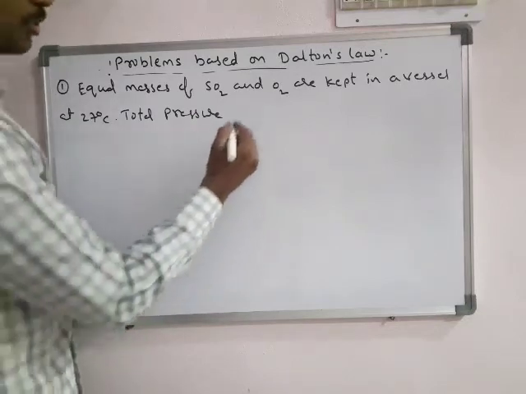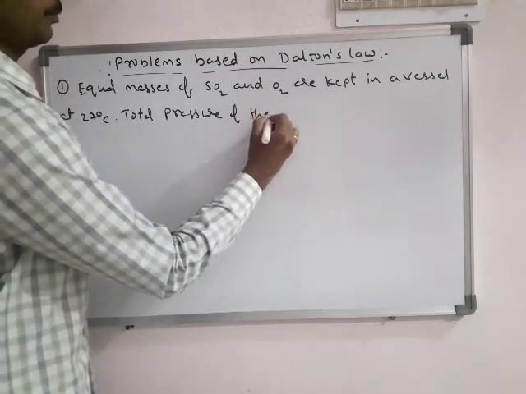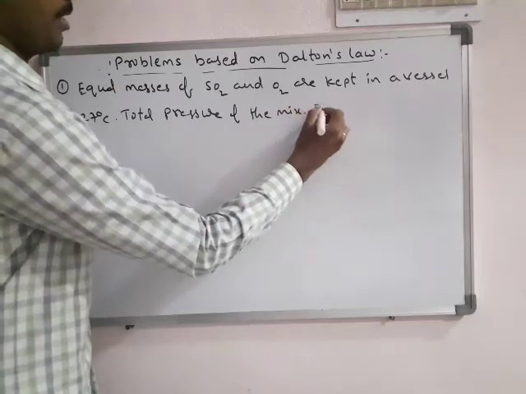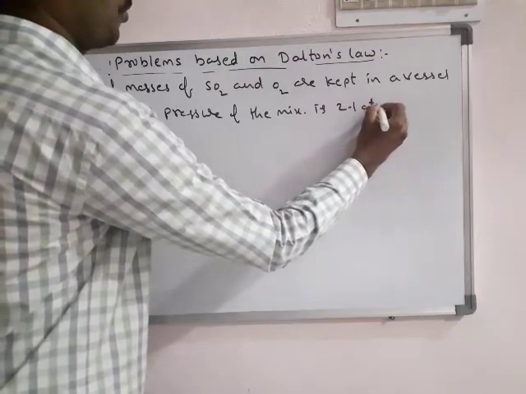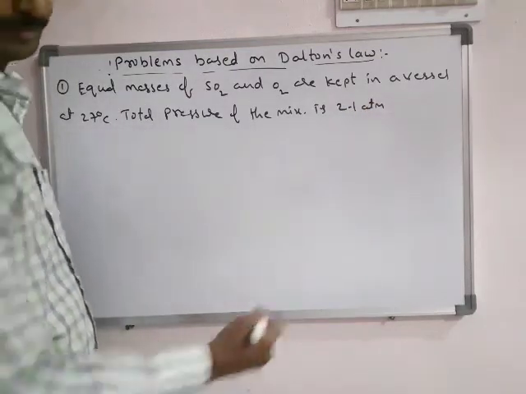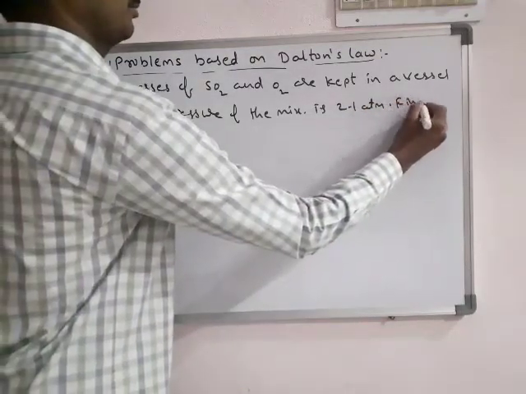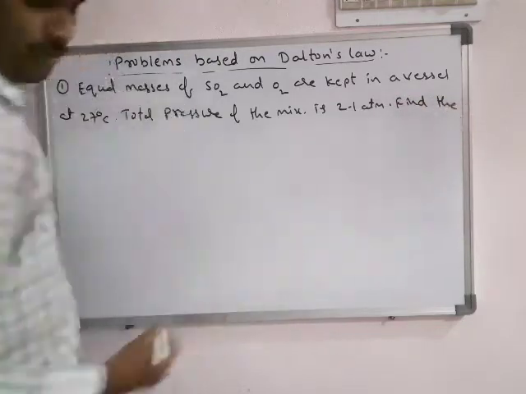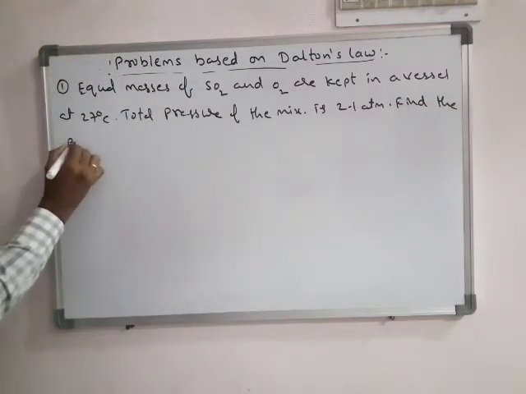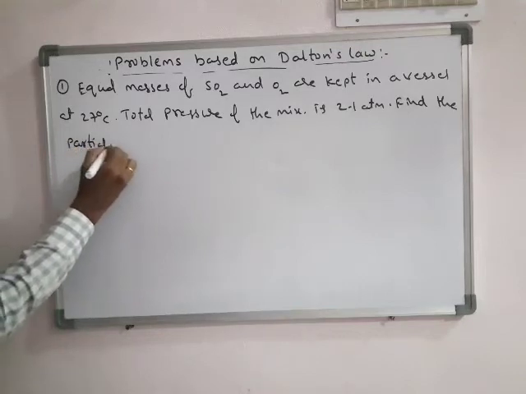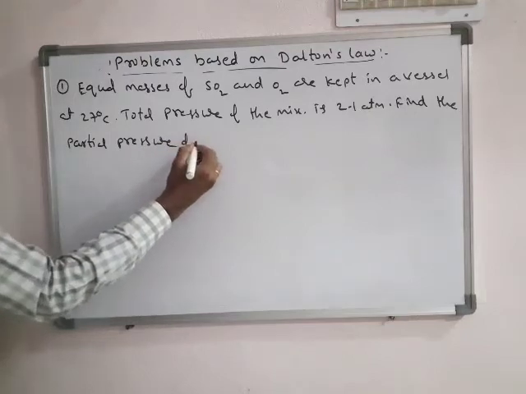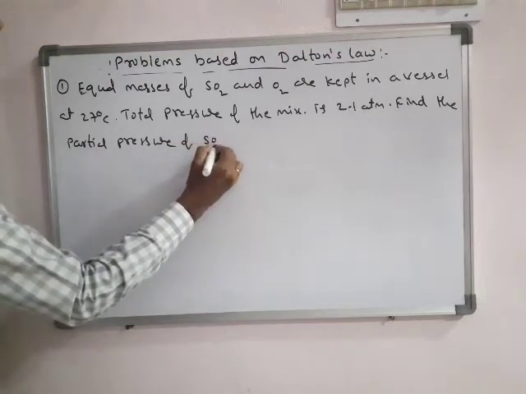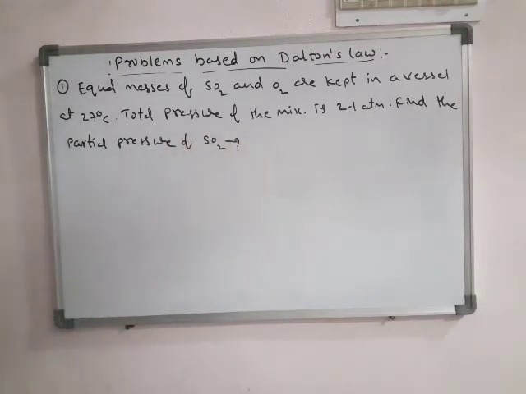The total pressure of the mixture is 2.1 atmosphere. So, find the partial pressure of SO2. So here the mass is not given particularly.